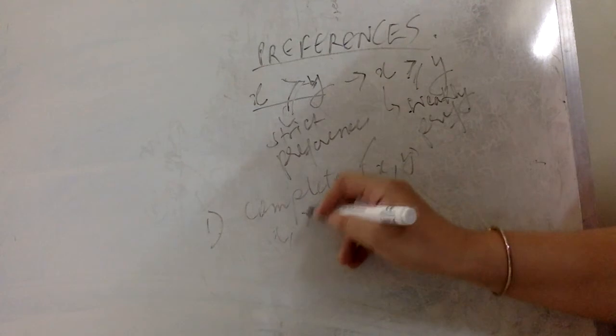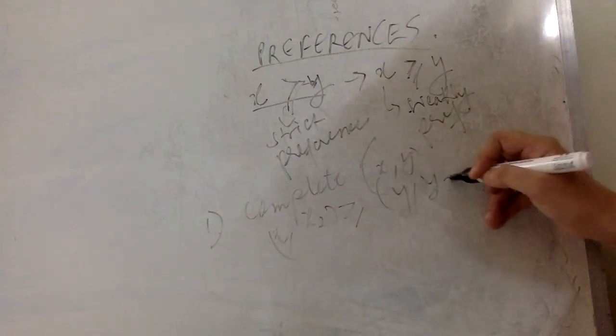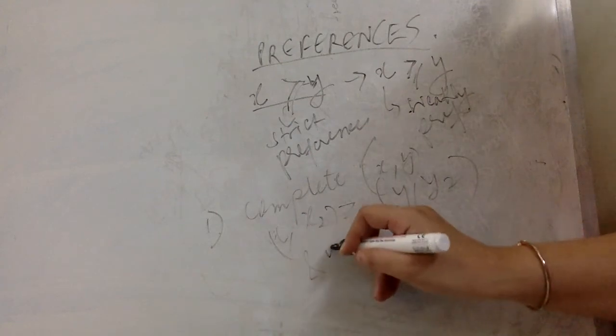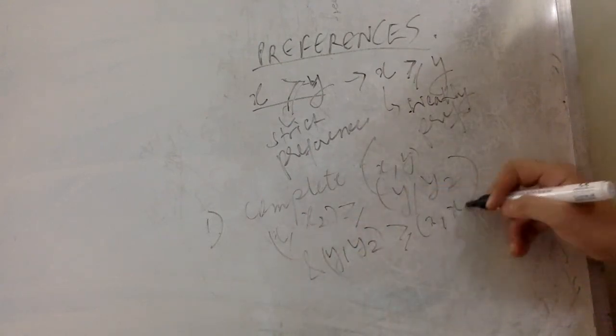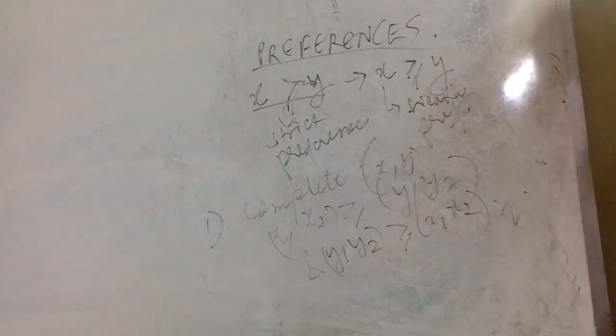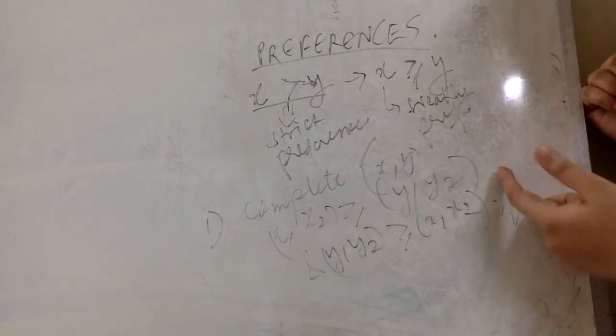Given any bundles x and y, we assume x1 x2 is at least as good as y1 y2, and y1 y2 is at least as good as x1 x2. So x1 x2 are the goods of the x bundle, y1 y2 are the goods of the y bundle.